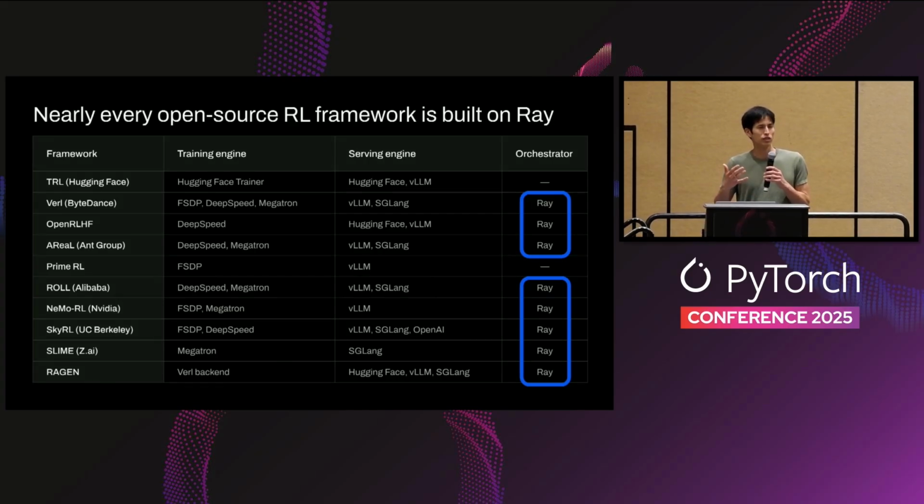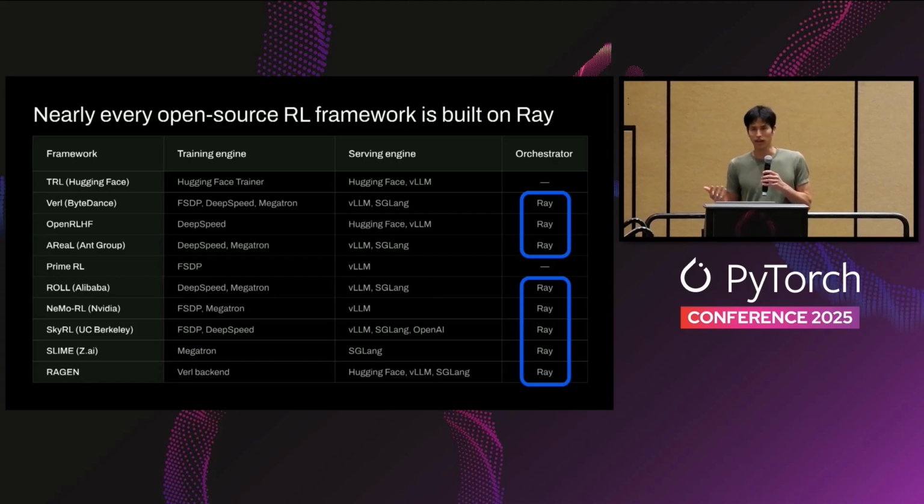As a consequence, nearly every open source RL framework is built on top of Ray. Ray is the open source framework we've been developing, and here it's handling process orchestration, coordination, and data movement in conjunction with a training engine like Megatron if you're using large mixture of expert models, or Torch Titan, or FSDP.